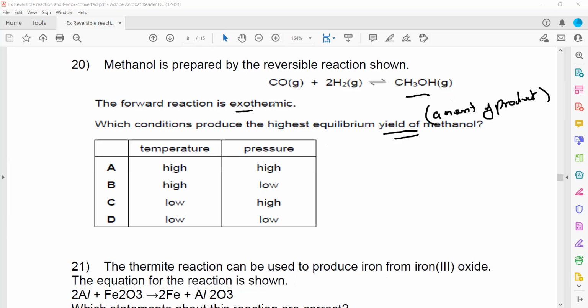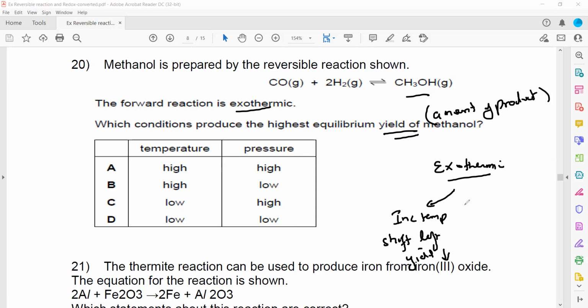The reaction is exothermic. Whenever a reversible reaction is exothermic, if we increase the temperature, the equilibrium will shift towards the left hand side, and as the equilibrium shifts towards the left hand side, the yield will decrease.